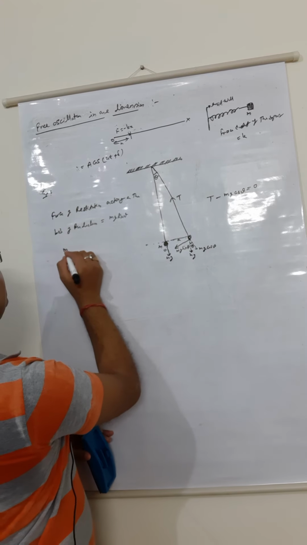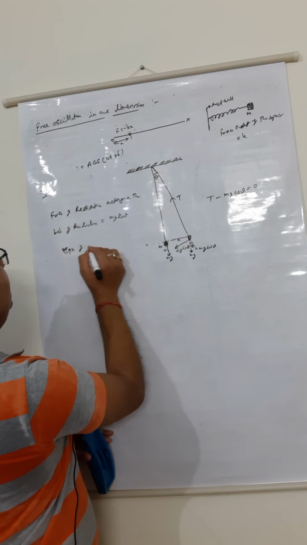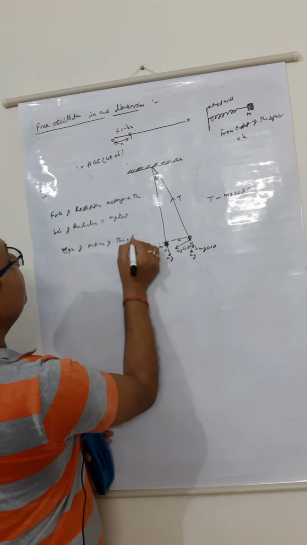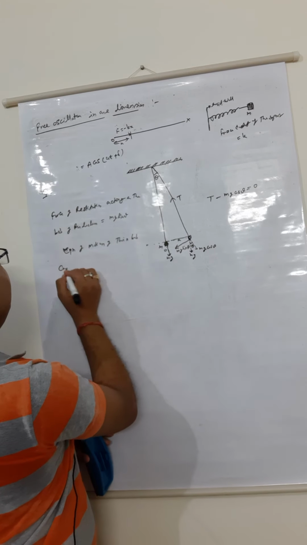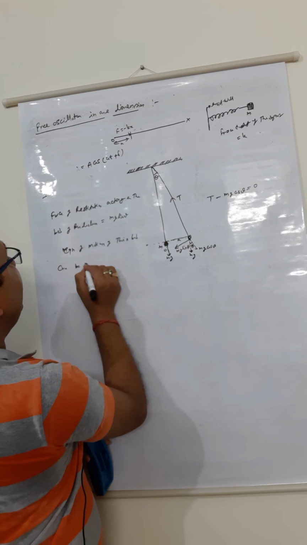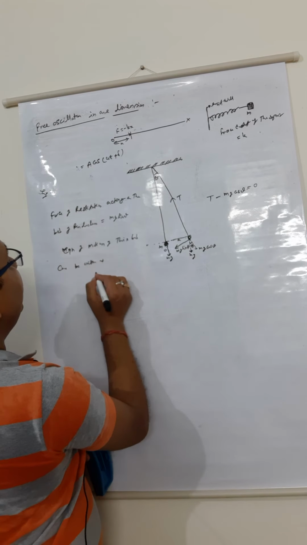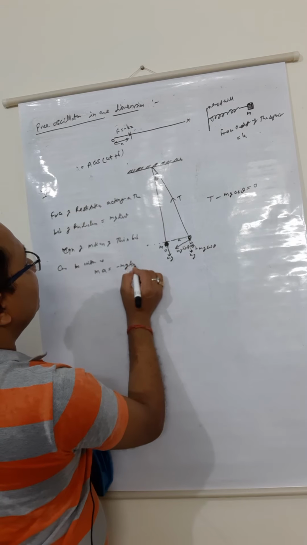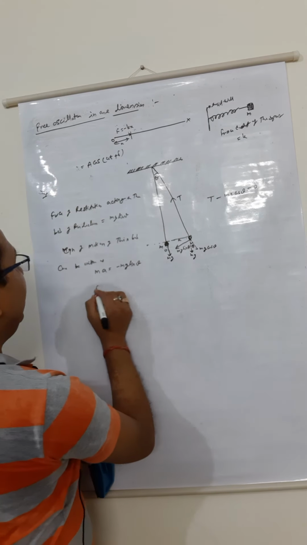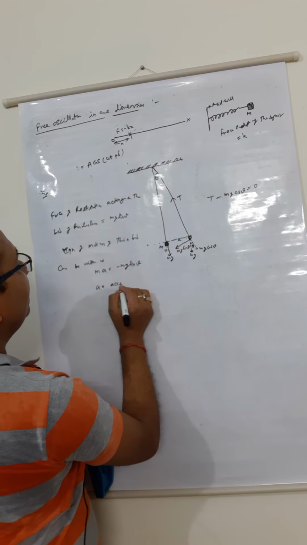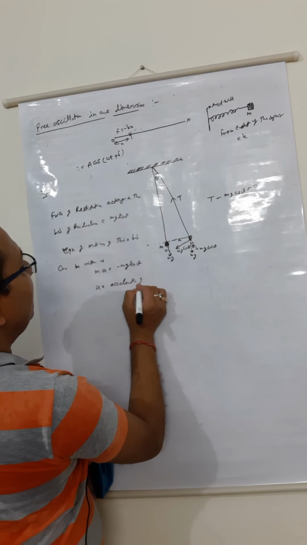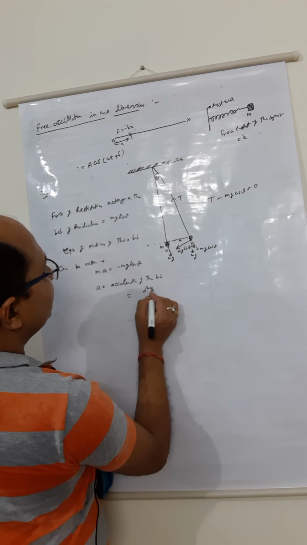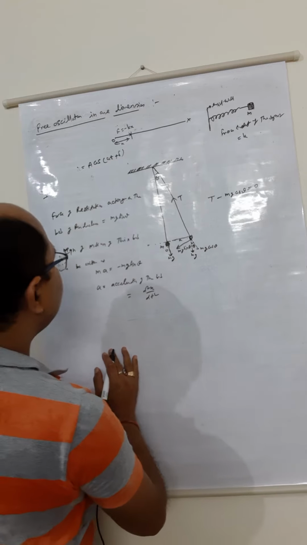So the equation of motion of this bob can be written as ma equals minus mg sin theta. a equals the acceleration of the bob, and this is equal to d2x upon dt2.